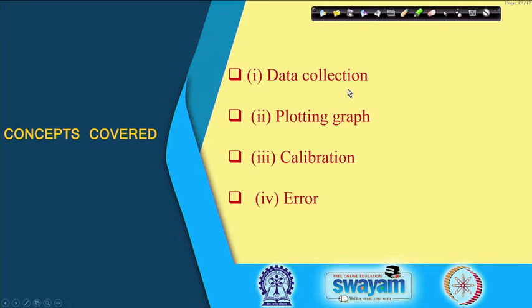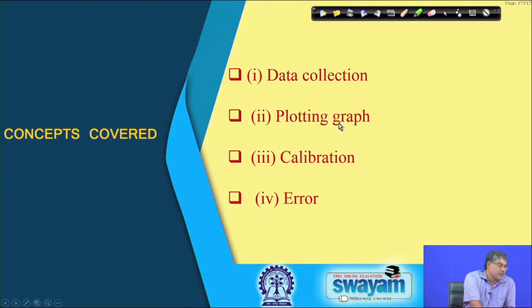Second, after collecting data, in most cases we generally need to plot data. So, we use graph paper. Nowadays, you can plot on a computer. There are many software packages, but in software also, whatever you do manually, the same thing is done by writing a program. So, someone has written the software for you, and you use this software to plot data, but manually you should know how to plot it.